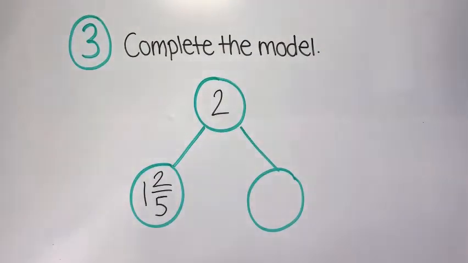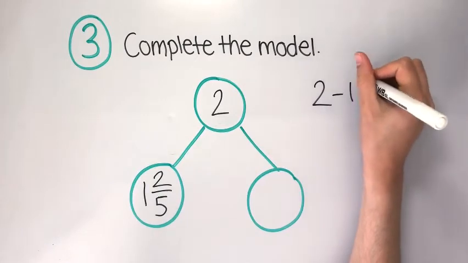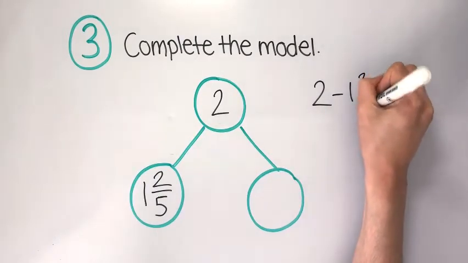Question 3. Complete the model. This question is similar to our first question. So these two numbers added together will give us 2. What we need to do to find out this missing number is to take away 1 2/5 from 2. 2 minus 1 2/5.